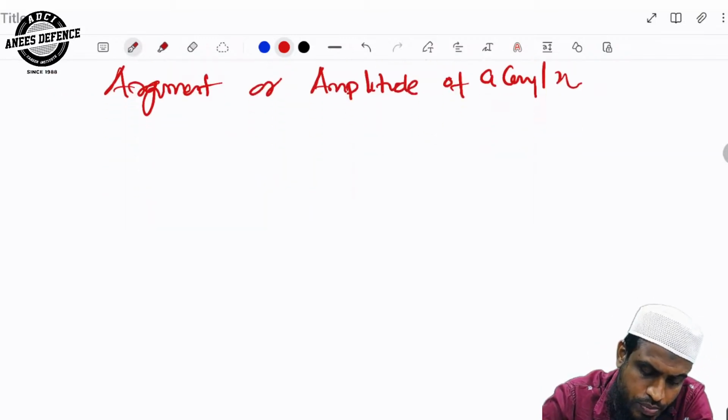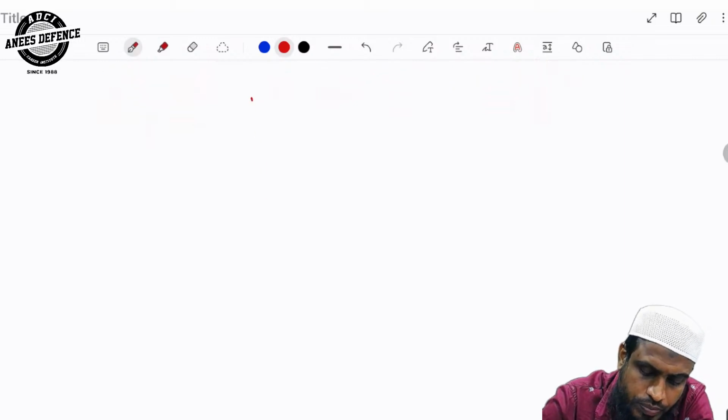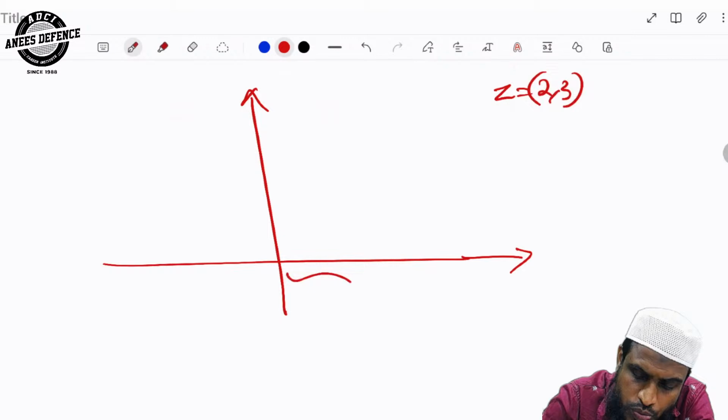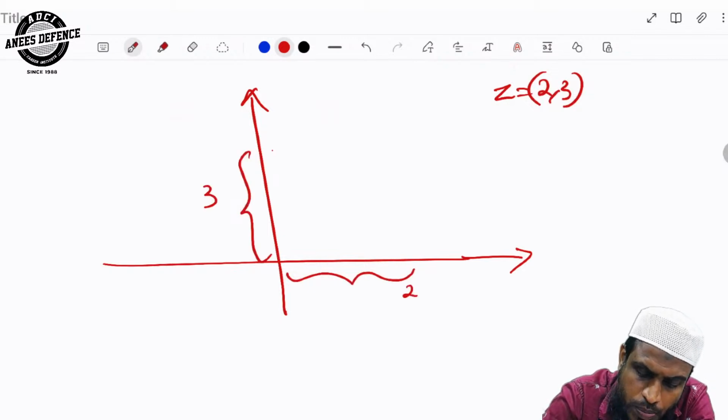So what is modulus? For example, I am going to represent the complex number (2, 3). So this will be 2 and this will be 3, and the point will be like this.